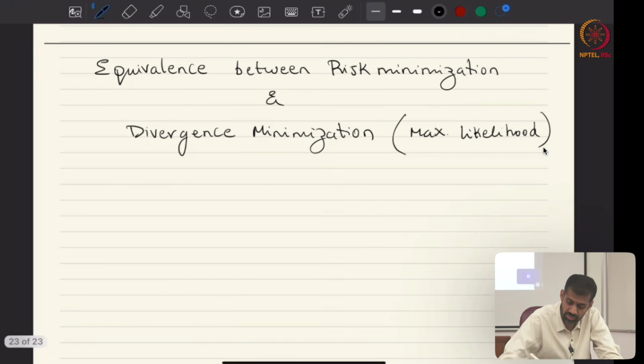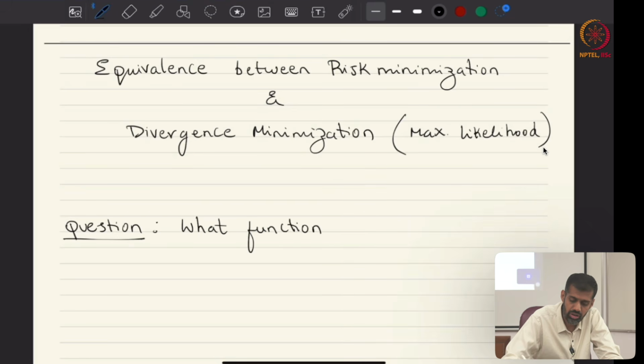Now, question. What function minimizes the true risk?